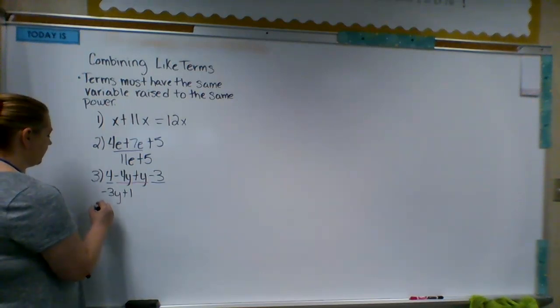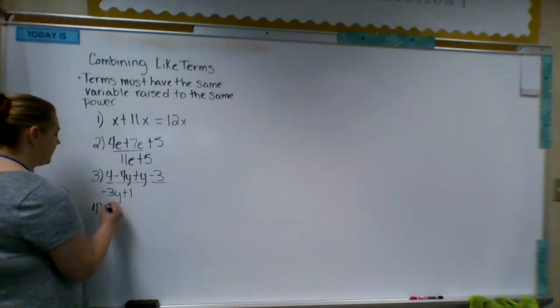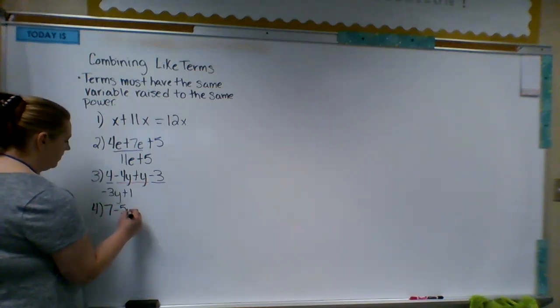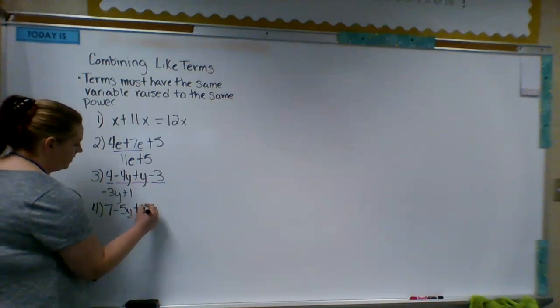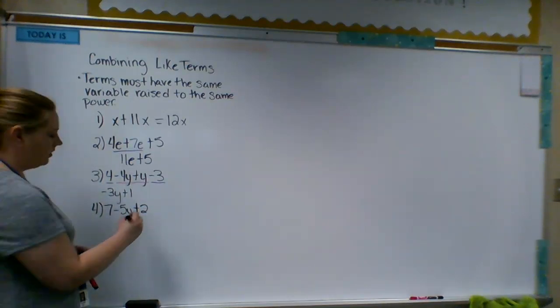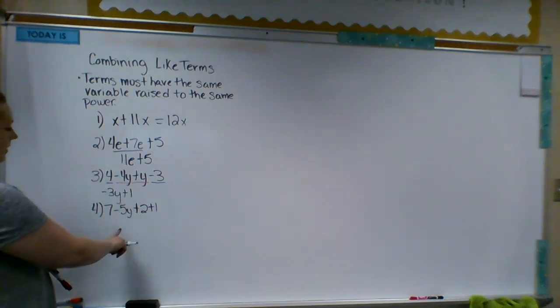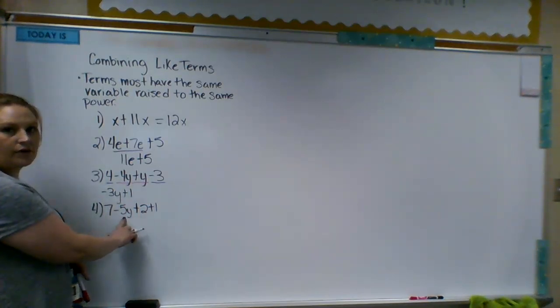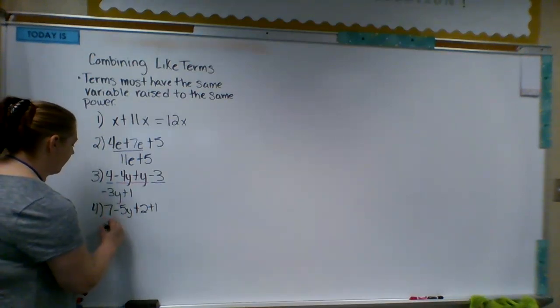One more on this skill. I have 7 minus 5y plus 2 plus 1. The only term that I have with a variable is negative 5y, so I'm going to put that out front.